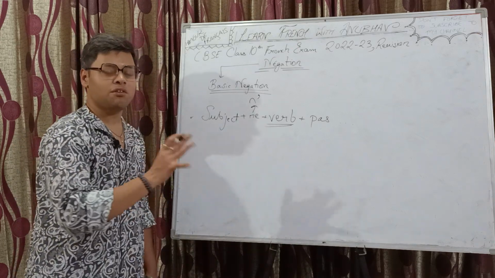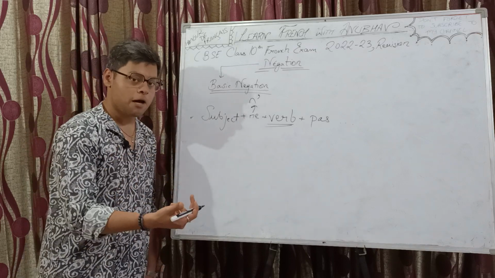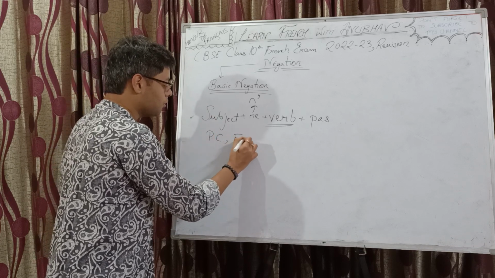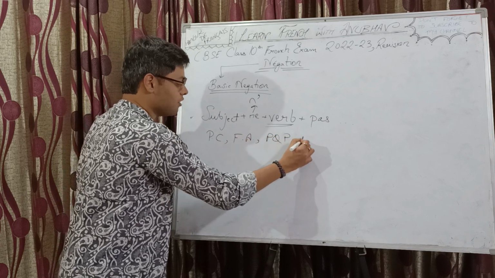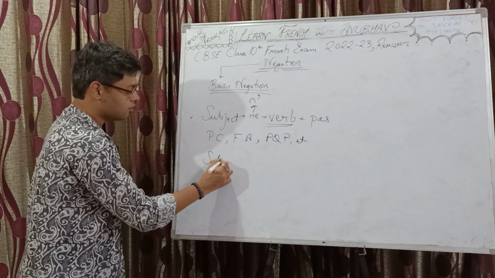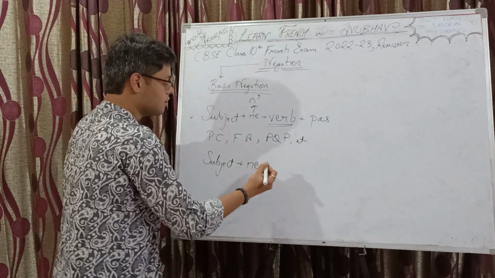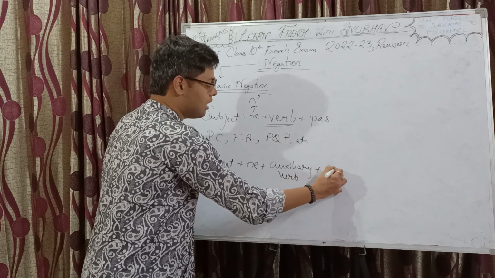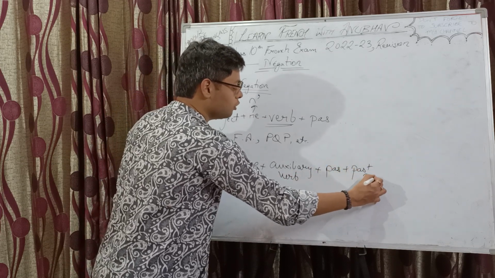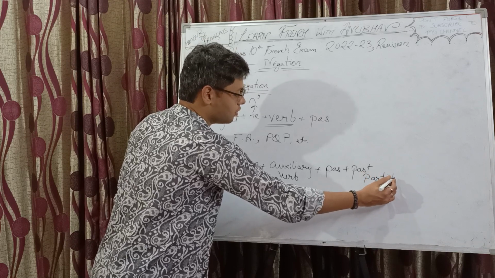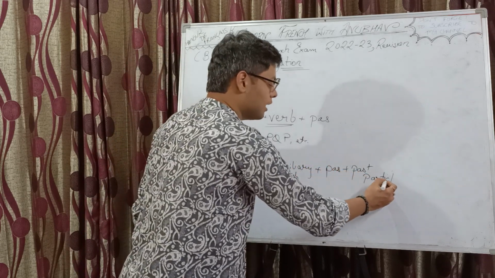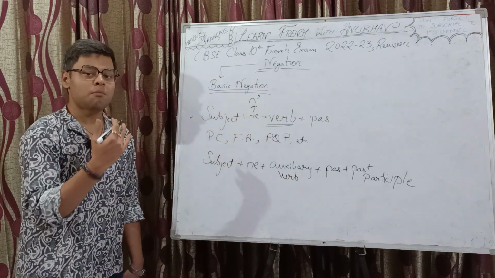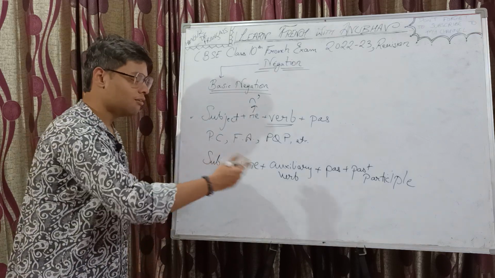So in the tenses where we have the auxiliary verb, say passé composé, futur antérieur, plus-que-parfait, we do it this way: subject plus ne plus auxiliary verb plus pas plus past participle, followed by the agreement if required, and then the rest of the sentence.